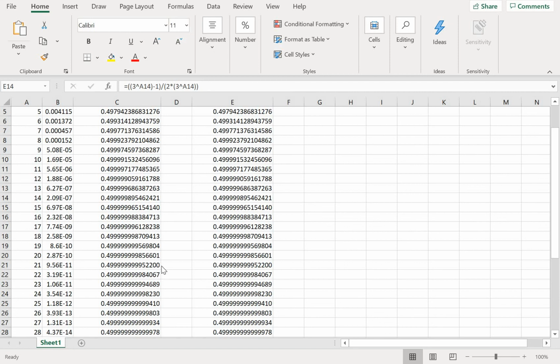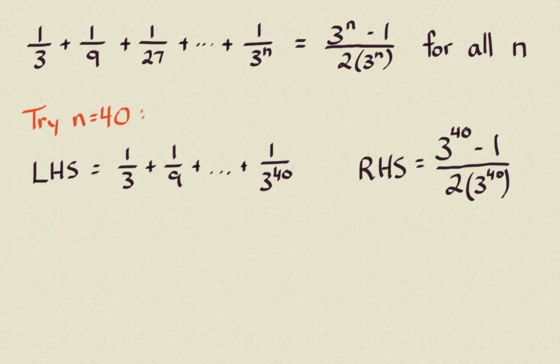So this Excel spreadsheet is just my way of quickly cheating through the massive computation that you would have to do. So without going any further, when n equals 40, the left-hand side does equal the right-hand side.